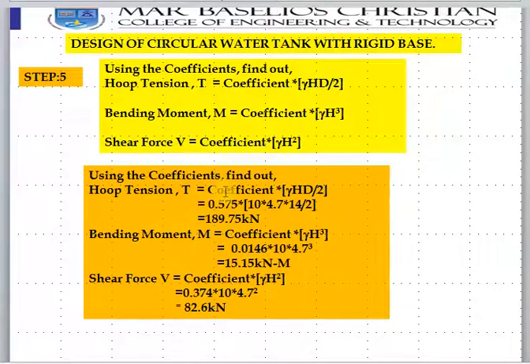Hoop tension is coefficient into gamma h into d by 2, so you will get 189.75, and bending moment is coefficient into gamma h cube, so you will get 15.15 kilonewton meter. Shear, as I told you, is not necessary, so I am not finding it out. So 189.75 is the hoop tension, and this is your moment.